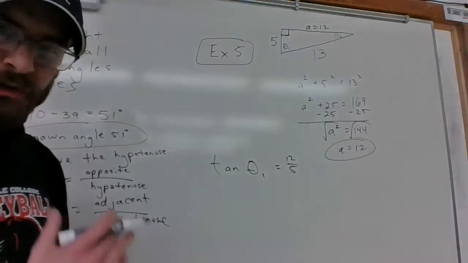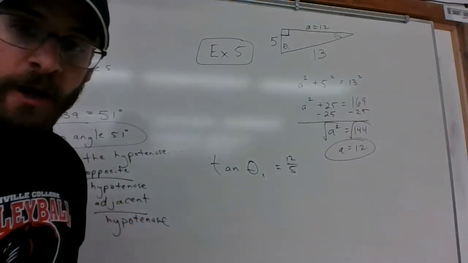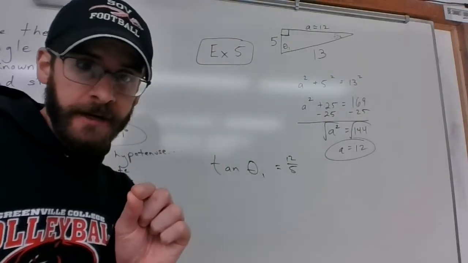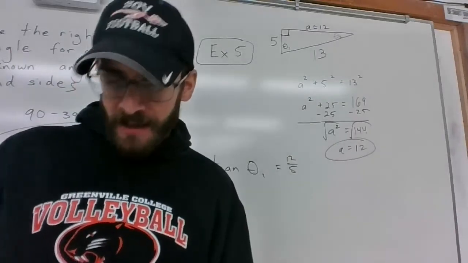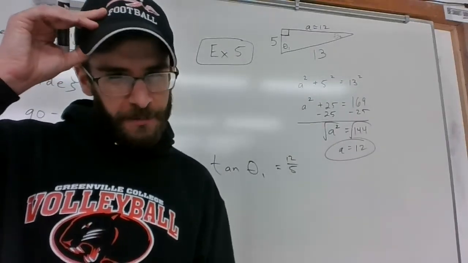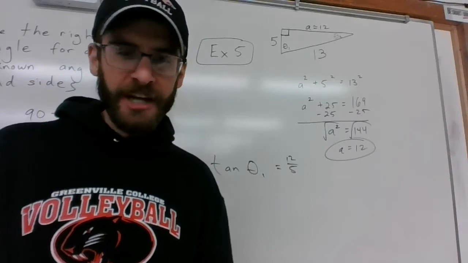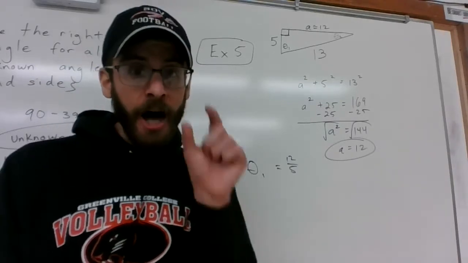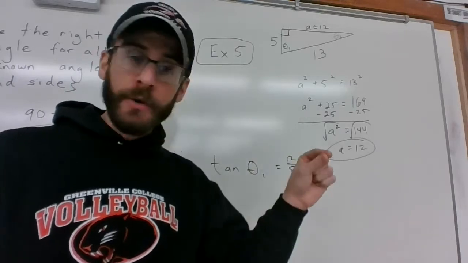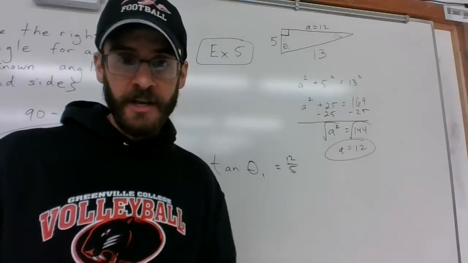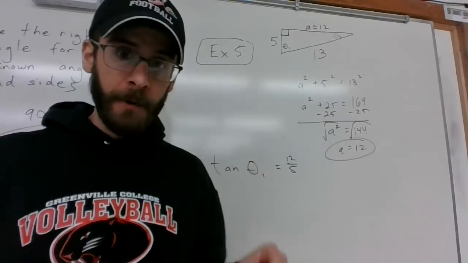So what I'm introducing here is the idea that there is an operation that can undo tangent. Think about it like this: to undo division, you multiply. To undo subtraction, you add to both sides. To undo a log, you exponentiate both sides. To undo an exponential, you log both sides. To undo a square root, you square both sides.